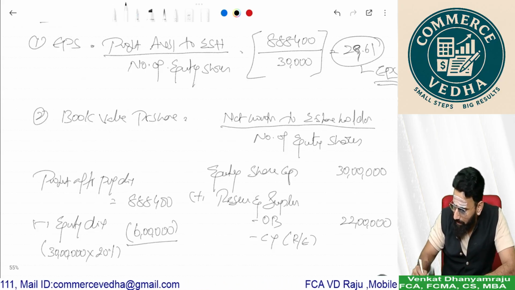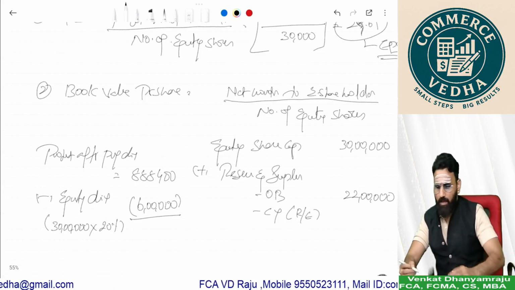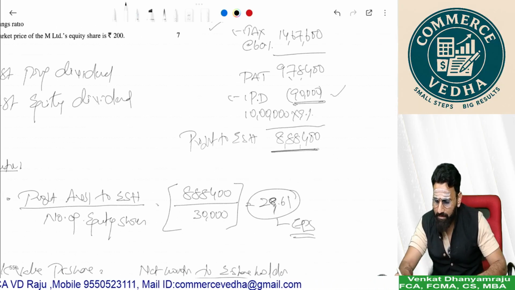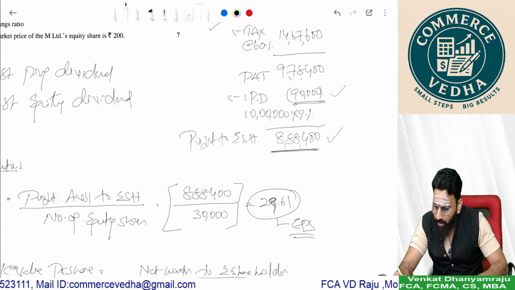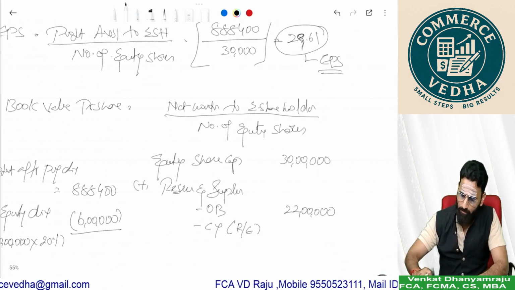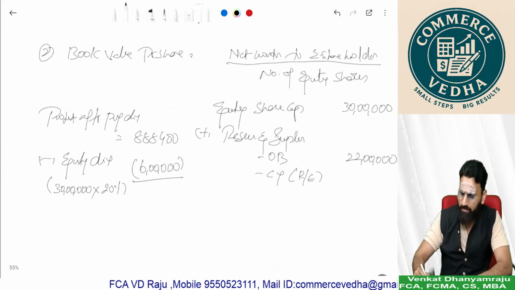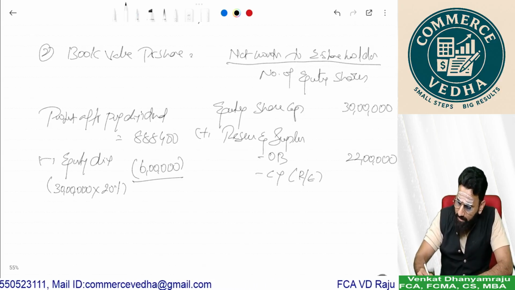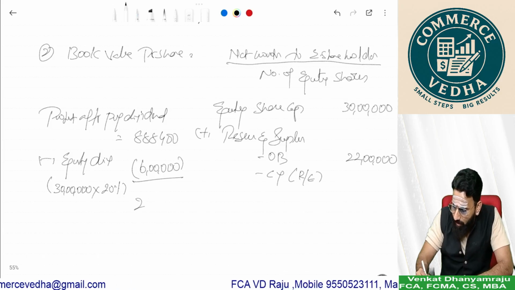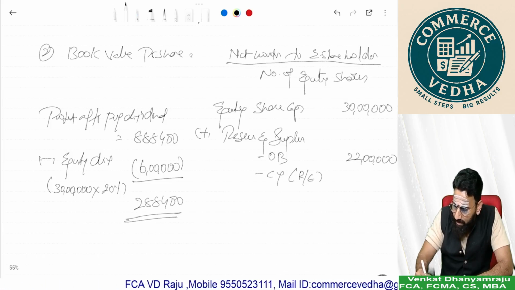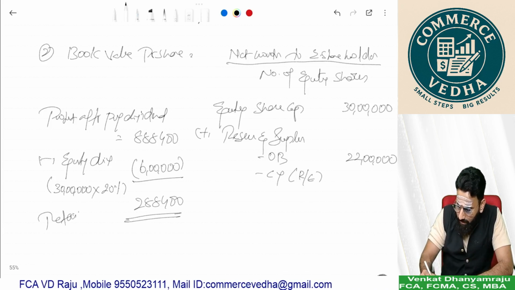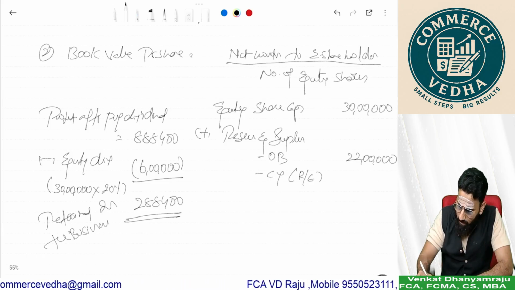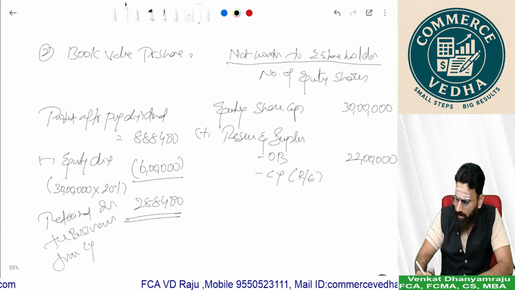So from the profits, what we first did, we paid preference dividend, then arrived at profit available to equity shareholders. From the profit after preference dividend, we deducted equity dividend to see what is the amount retained in the business. This is retained in the business from current year profits.